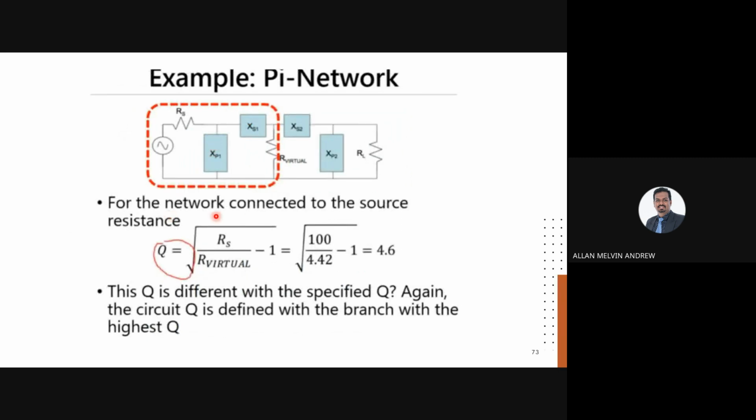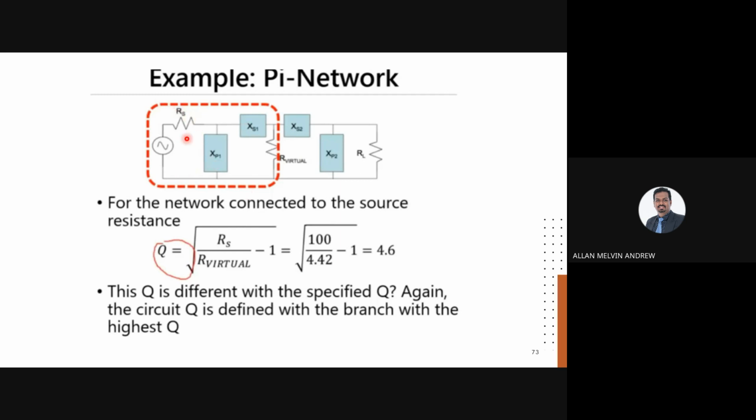For the network connected to the source resistance, Q equals the square root of RS over R virtual minus 1. So 100 divided by 4.42, minus 1, square root. Here the Q is different. Why is the Q different?